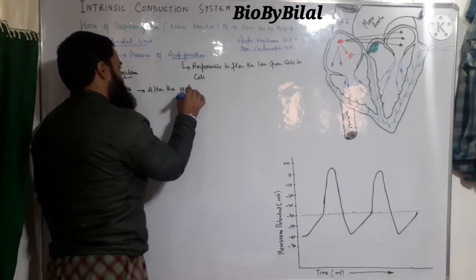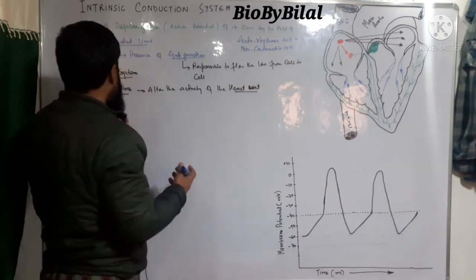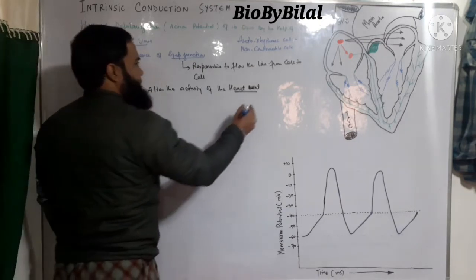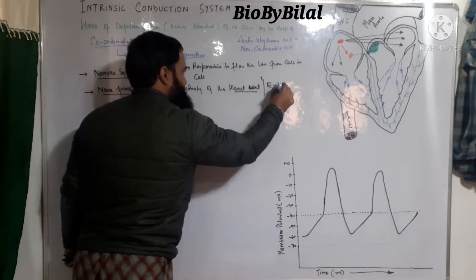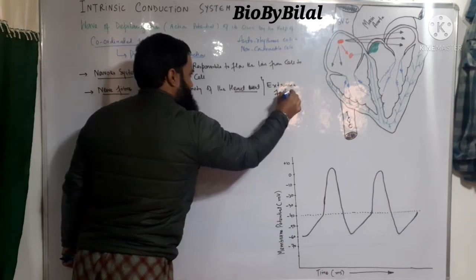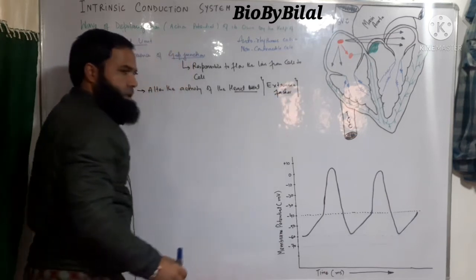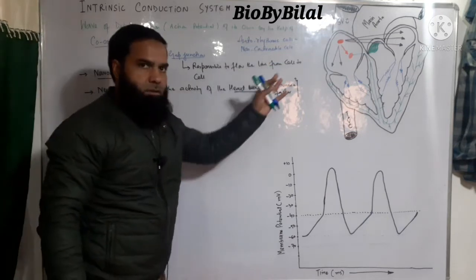That means the nervous system is actually the extrinsic factor. But here I'll only talk about the intrinsic factor in the form of autorhythmic cells or the gap junctions.